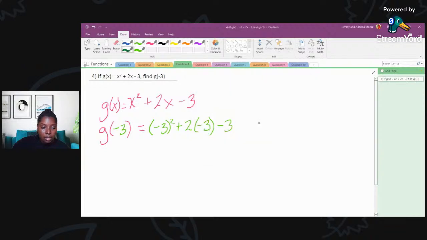Okay, let's try it. So negative 3 squared is just negative 3 times negative 3, and that is 9. 2 times negative 3 is negative 6, minus 3.